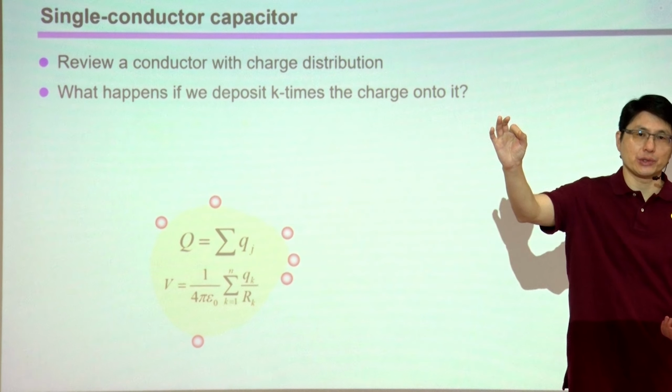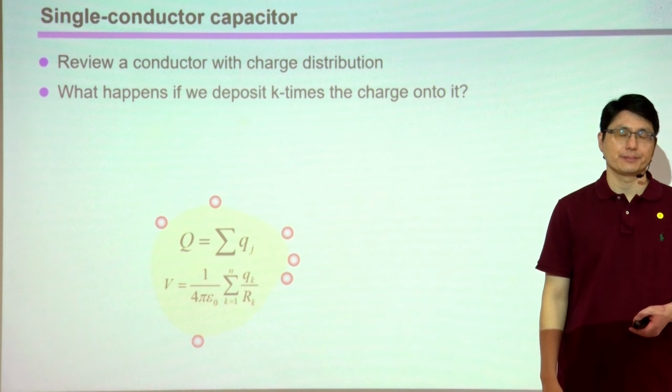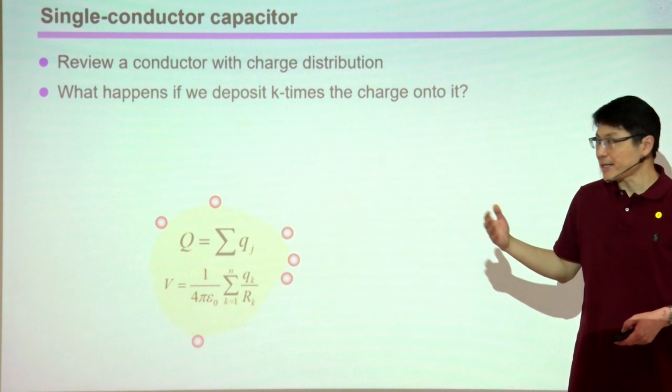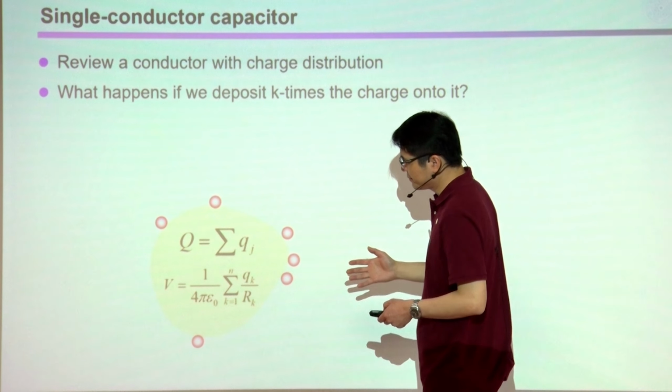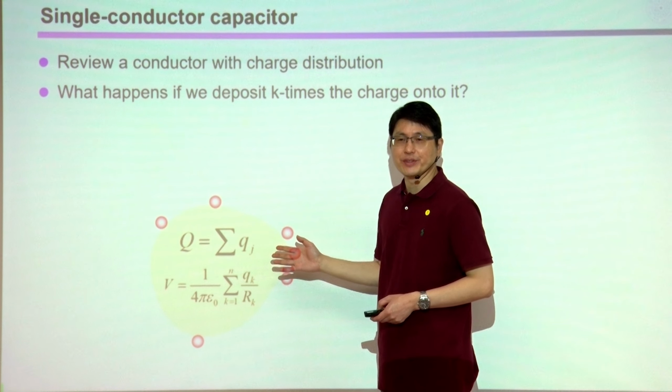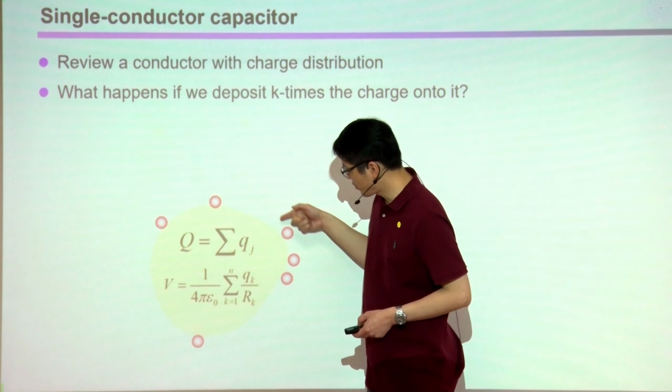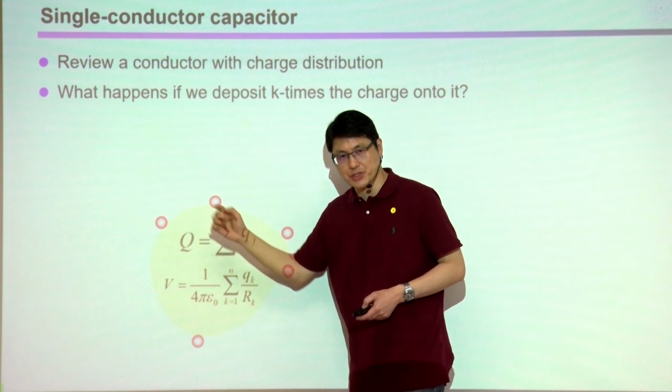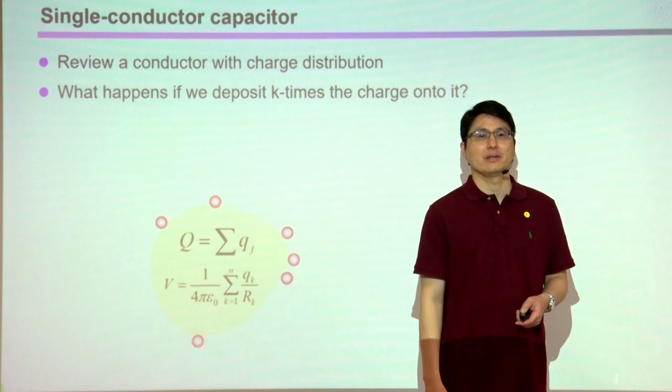So when you have charge, you have potential. So the next question is, well, if you have a friend who's very naughty, so now you have 1, 2, 3, 4, 5, 6. Now you have 6 charges, right?